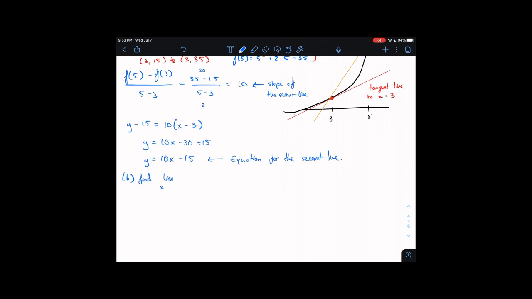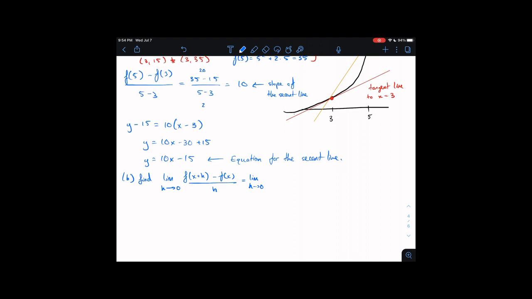So we need to find the limit as x approaches 3 of f of x, excuse me, it's not x approaching 3, it's the limit as h approaches 0 of f of x plus h minus f of x over h. So this is going to be equal to the limit as h approaches 0.